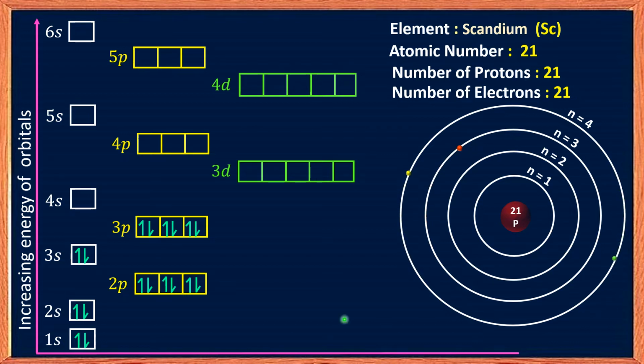And after filling 3p orbitals, electrons enter into 4s. That's why these two electrons, we have to fill into orbitals.